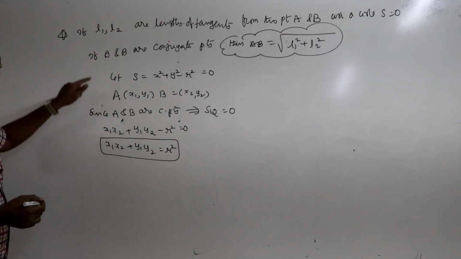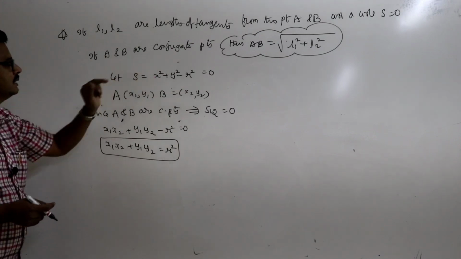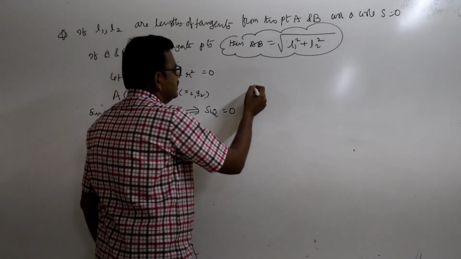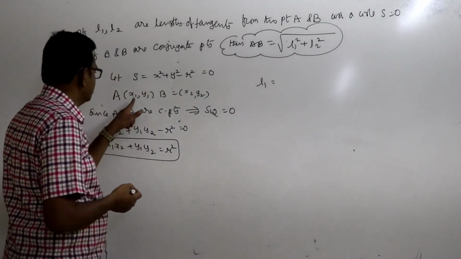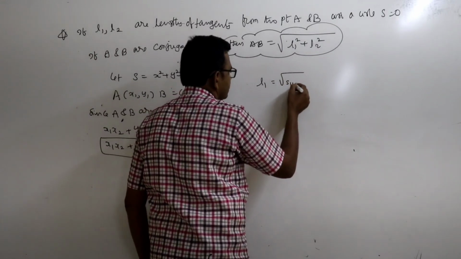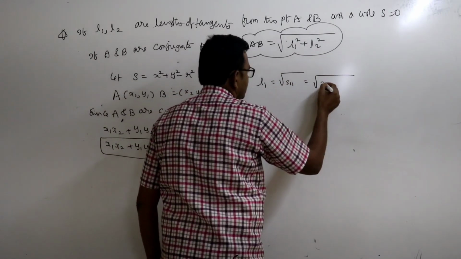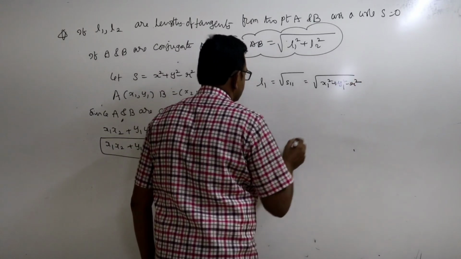And also the length of tangent drawn from the point A to the circle S equal to 0, that is L1, is root S11. That is equal to root of x1 square plus y1 square minus r square.